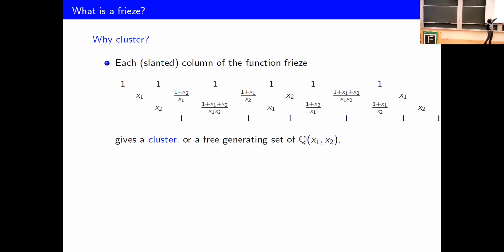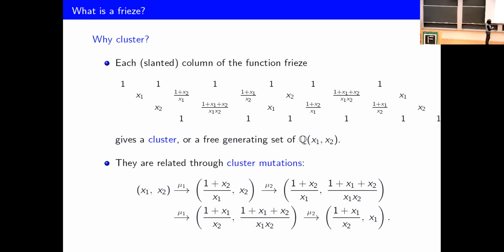The fact that there are 5 cluster variables and 5 clusters is a coincidence. In general, these 2 numbers are not the same. So if you look at the slanted columns in this way, you see they form 5 groups of 2, and these are called clusters.